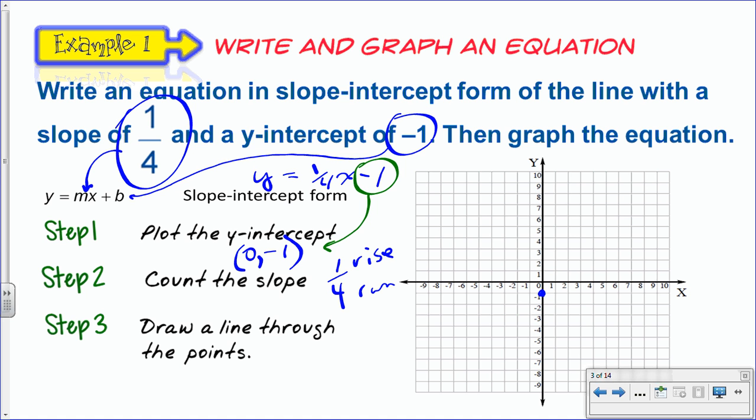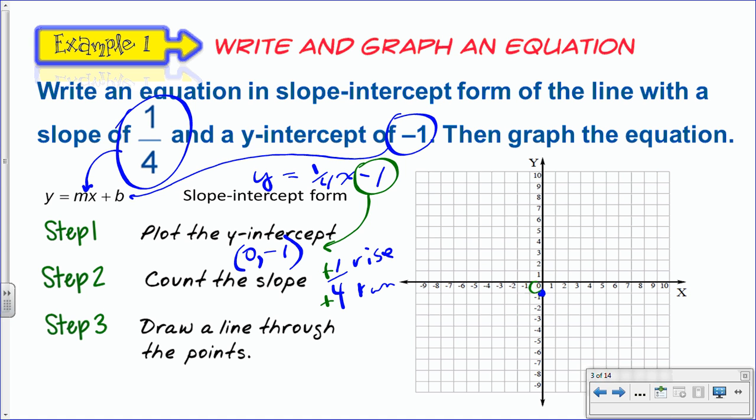Is direction important here? Yeah, it's very important. The 1 tells me, is it positive or negative? It's positive, so am I going up or down? From this -1 for the y-intercept, I'm going to go up 1 square. And then the 4 tells me to go which direction?